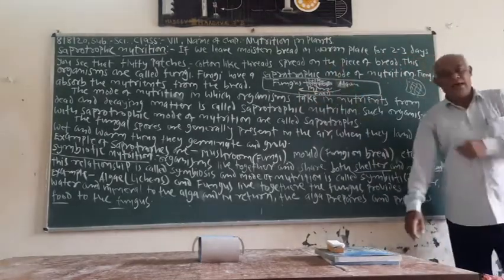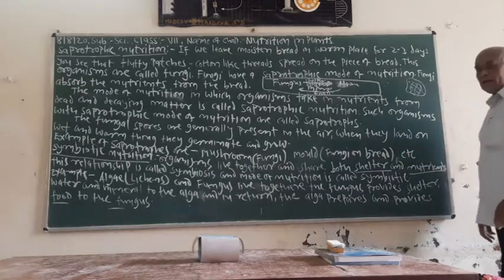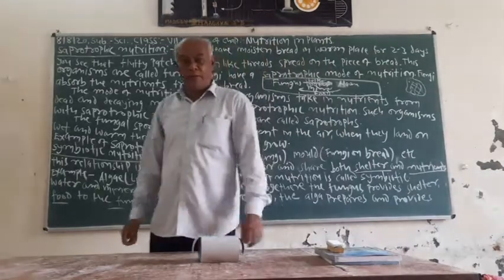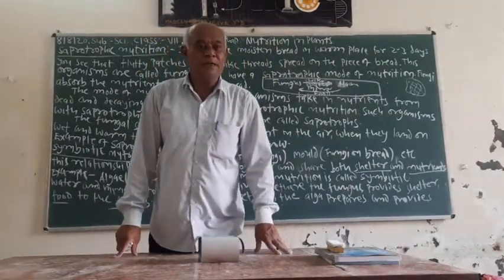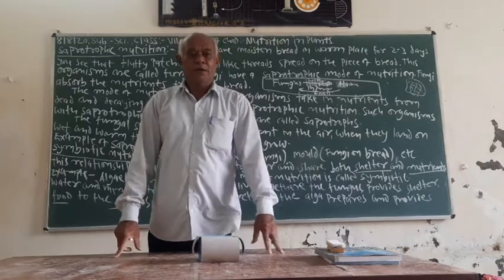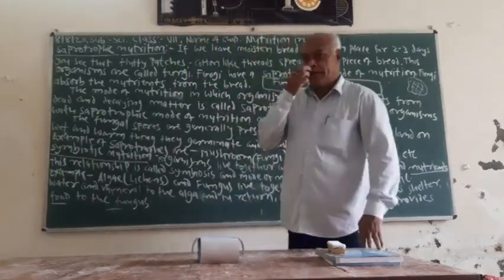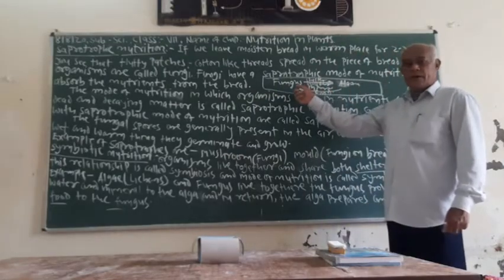Algae provide food because the algae is the chlorophyll-containing partner here. Chlorophyll-containing organisms prepare their food themselves by the process of photosynthesis. This prepared food is provided by the algae to the fungus.